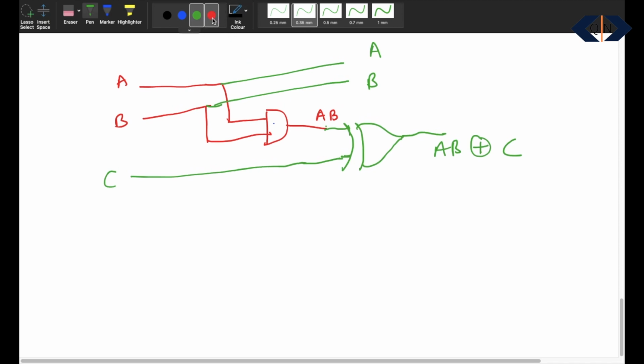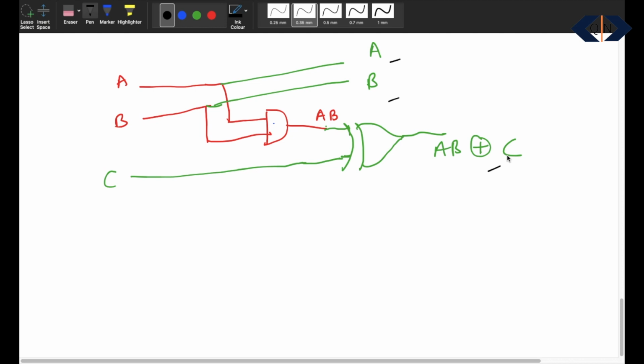You might be asking how we are going to obtain AB, because we want to leverage the output of the AND gate, but now in the output we can't see where it went.